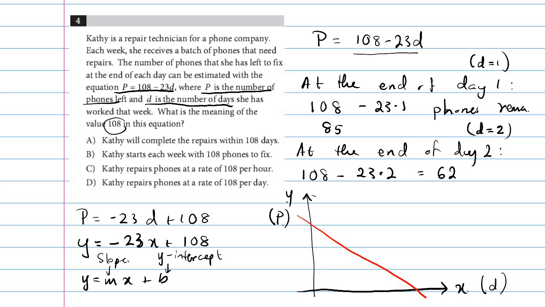And you know that the y-intercept over here, this is the y-intercept where the graph actually crosses the y-axis, and that's why you call it the y-intercept. That is 108, right? So what does this mean? This is where the graph crosses the y-axis, or in other words, where d is equal to 0.